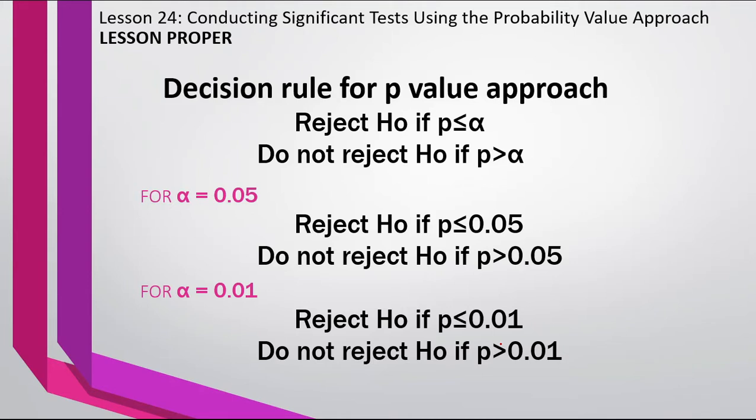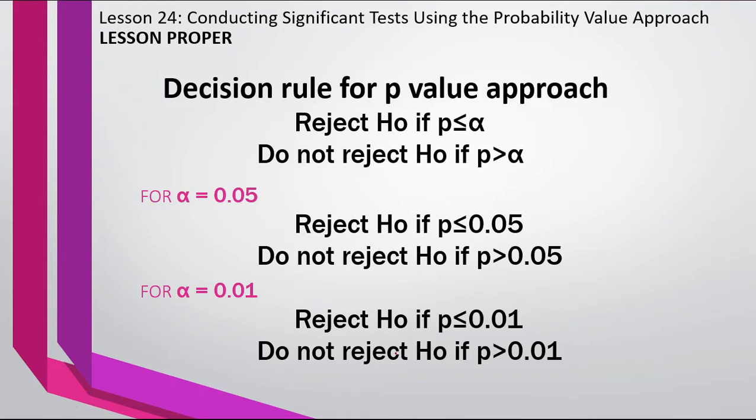For alpha equal to 0.05, again, we reject the null hypothesis if the p-value is less than or equal to 0.05, which is the alpha. And we do not reject it, or we accept the null hypothesis, if the p-value is greater than 0.05. Same lang din for 0.01.